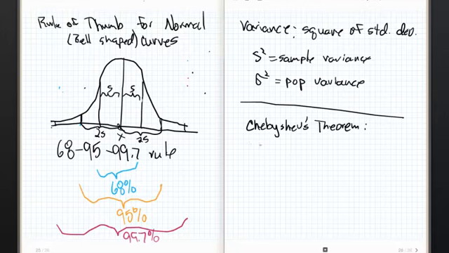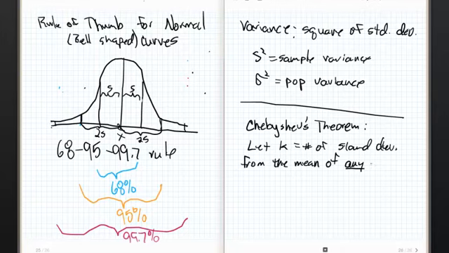It says if I let K equal the number of standard deviations from the mean of any, now this is really important, any distribution.